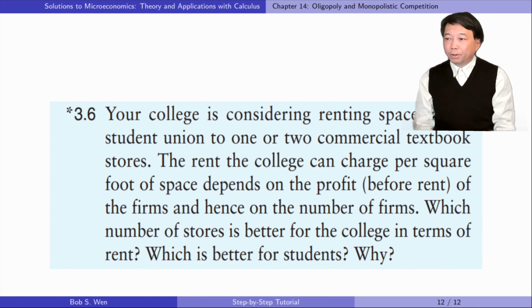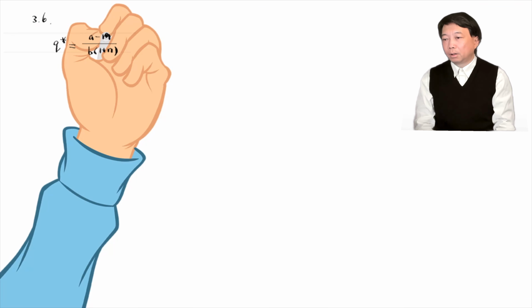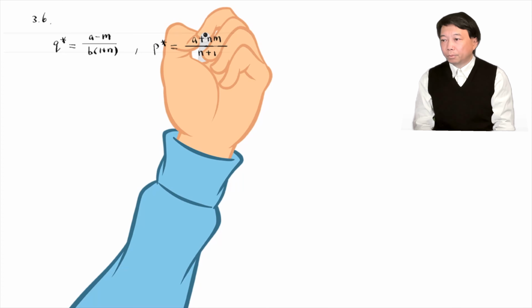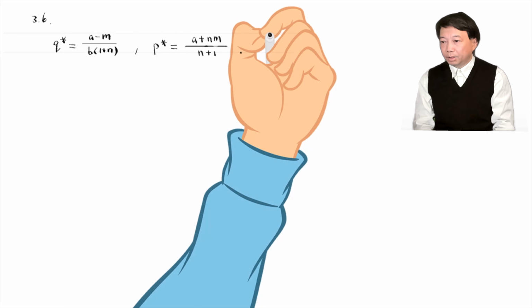Since the rent depends on the profit, the market structure that can create the most profit will bring the highest rent. Monopoly makes more profit than any other market structure. We can also think of it using calculus. From previous exercises, we have the oligopoly quantity and price for n firms that produce homogeneous products, have a constant marginal cost m, and face a linear demand curve.